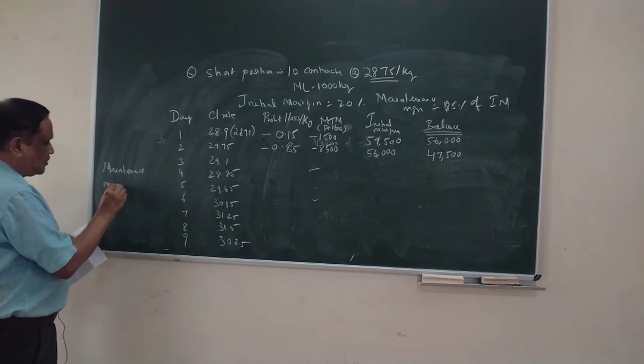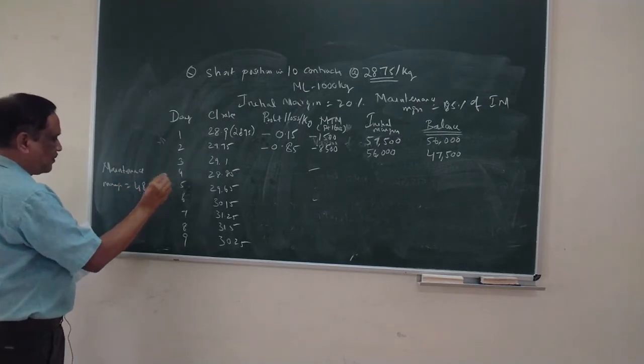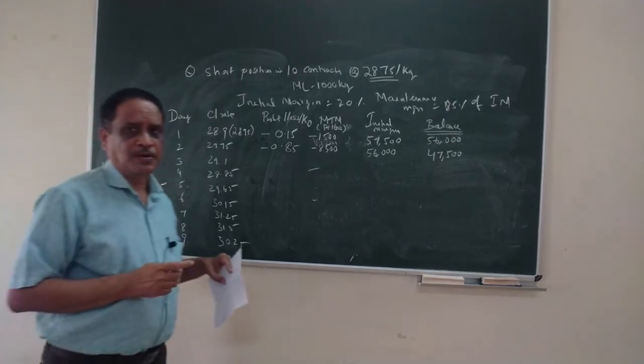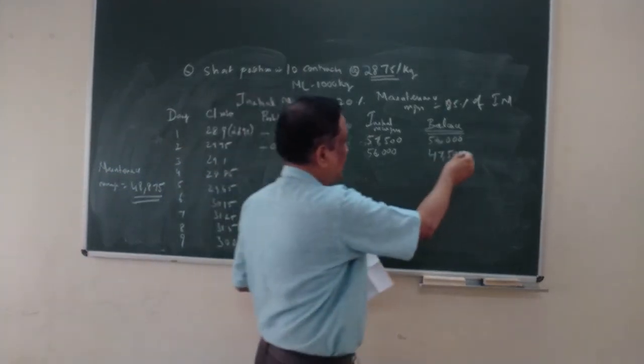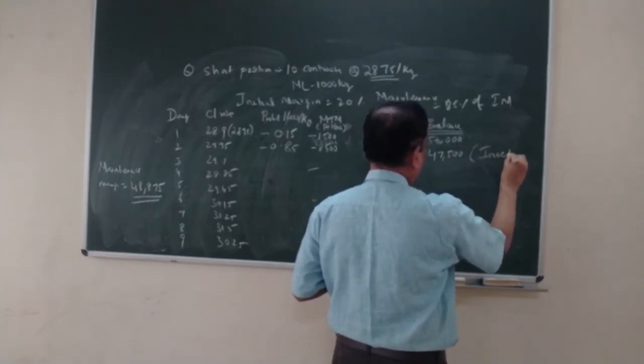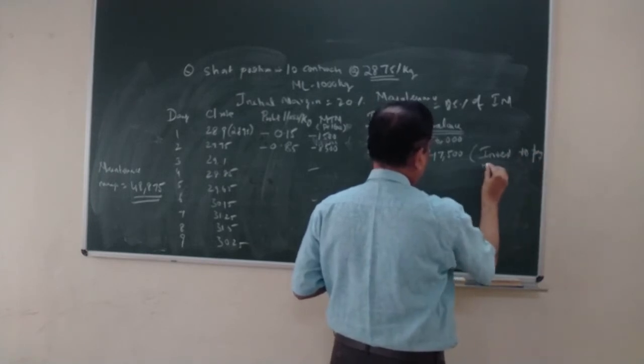Maintenance margin is 48,875. If the amount goes below this, then the investor has to pay money.